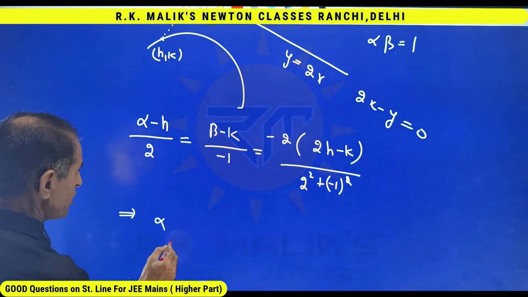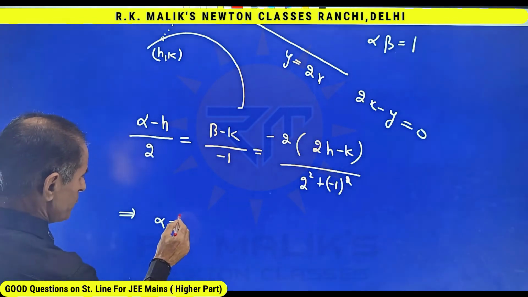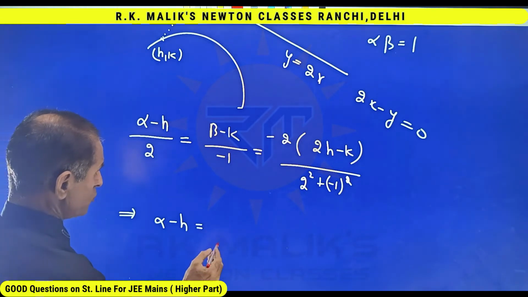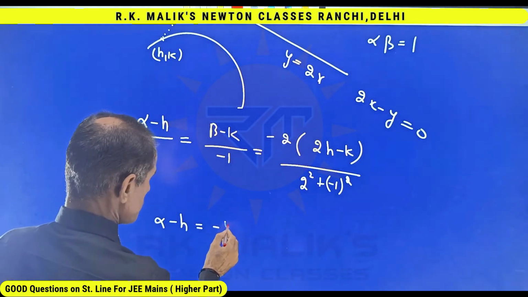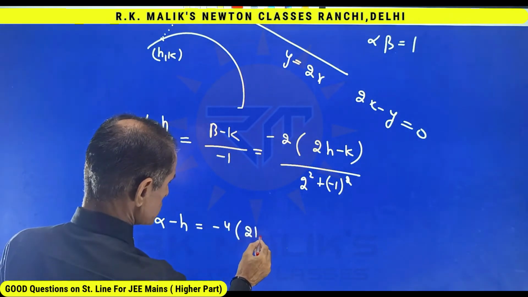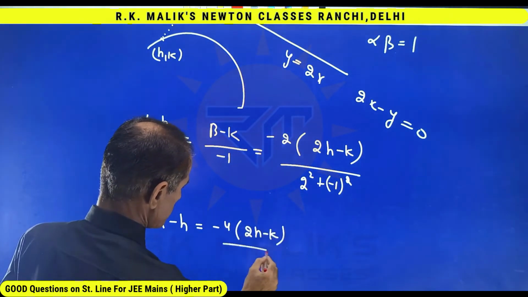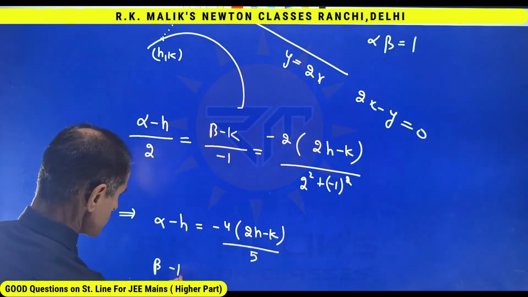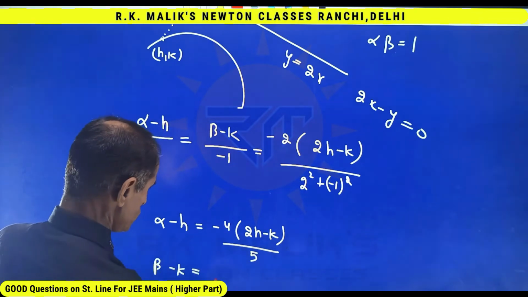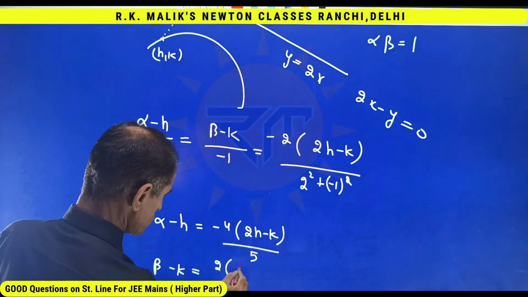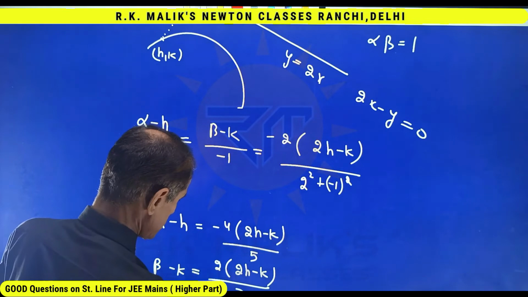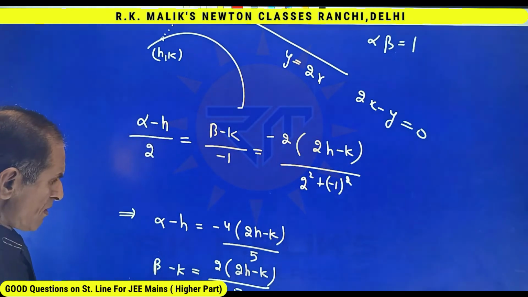That is, alpha minus h is equal to minus 4 into h by 5, and beta minus k is equal to 2 into h by 5.